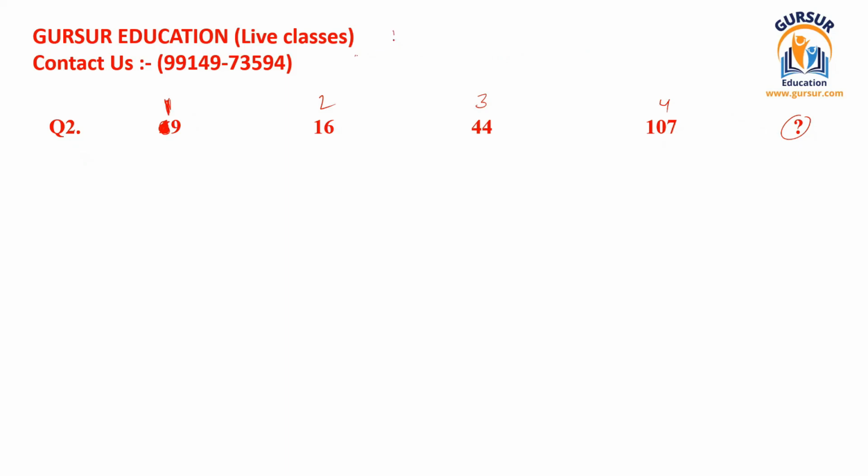We cannot go, actually we cannot go with the addition because the differences are large. The first difference is 7, then there is a difference of 28, I think. 44 minus 16, yes, this is 28, and that would not be viable to apply this method of summation.